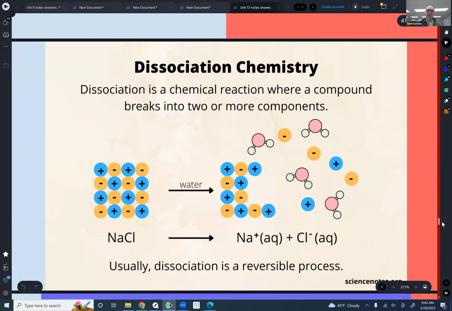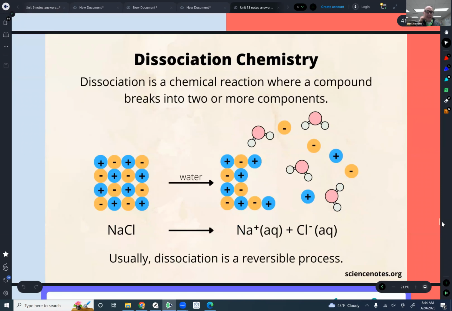Before we do this, we have to reacquaint ourselves with the term dissociation. Dissociation means that the material is 100% separating into ions. That's a key feature for pH to work.